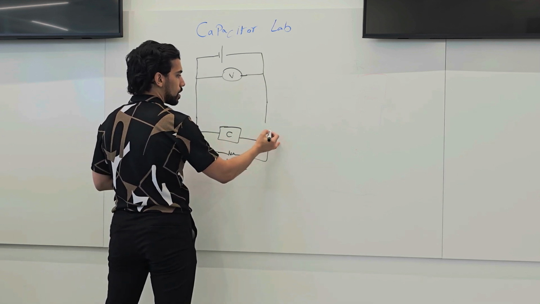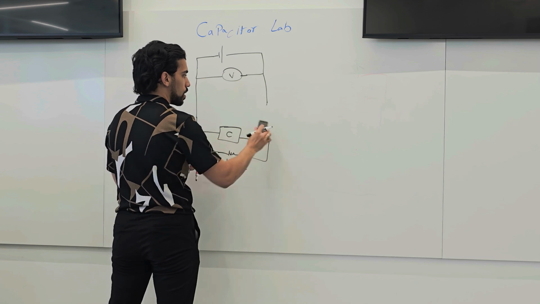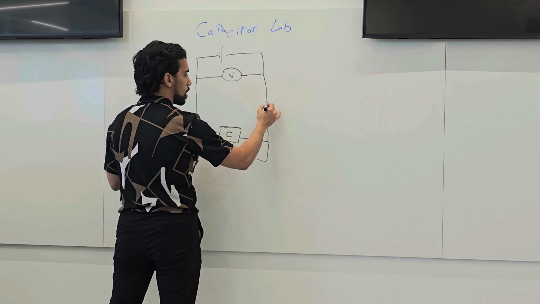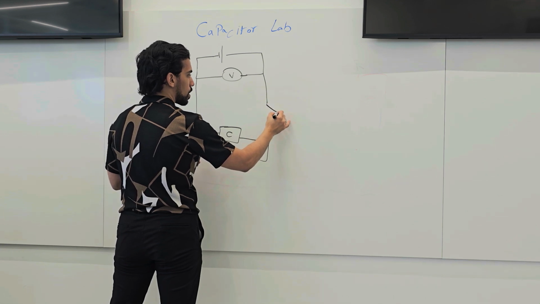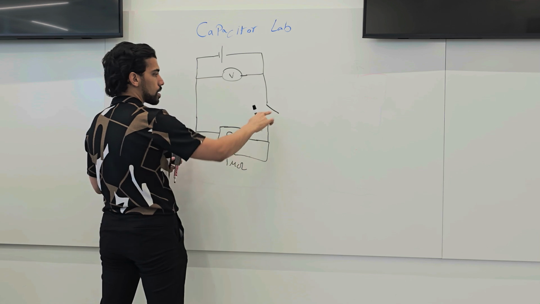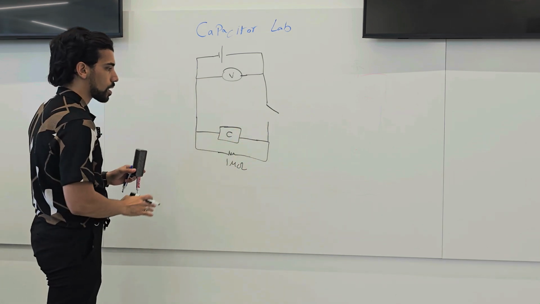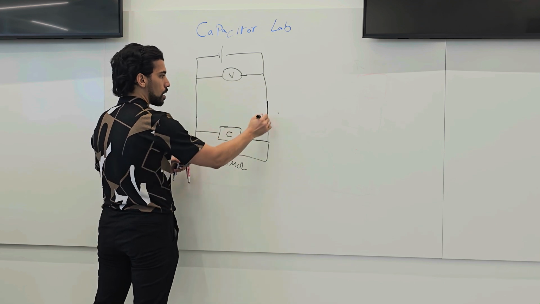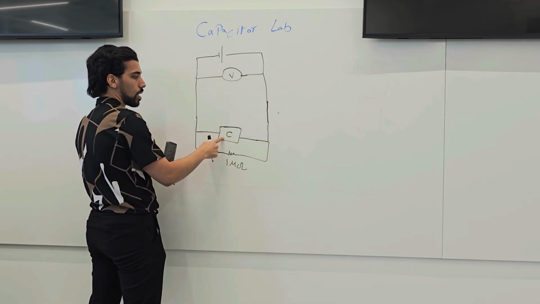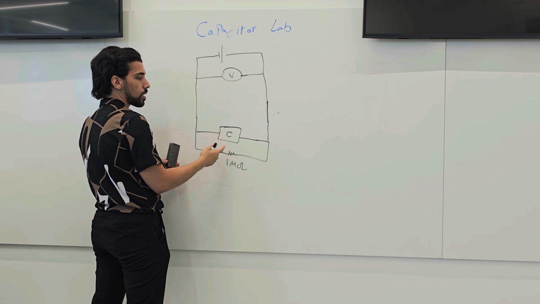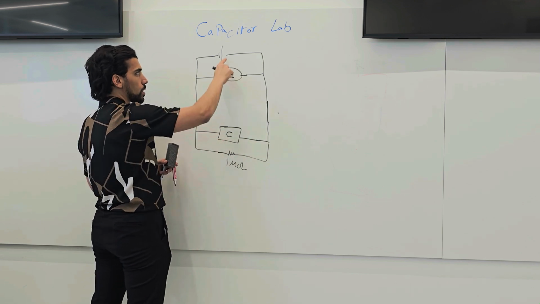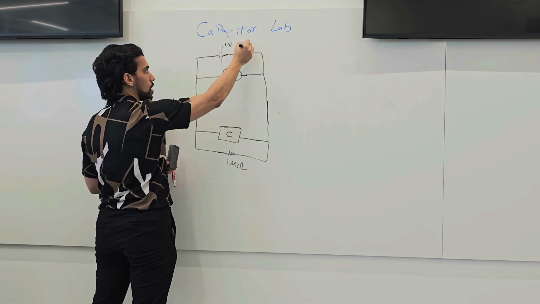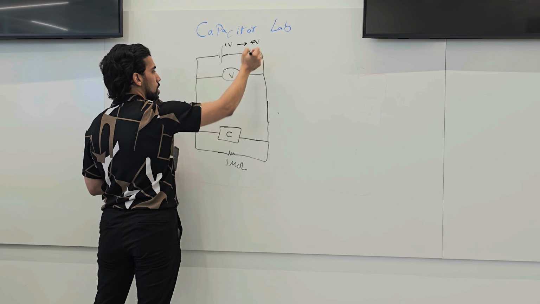Then we have here a switch. It's basically either open or closed, open like this or closed on the circuit. This is the first step, where this is closed. We charge it with the power supply, and it gives us some values, and we were changing the value of the voltage from 1 volt to 7 volts.